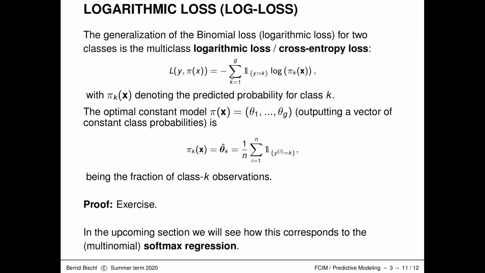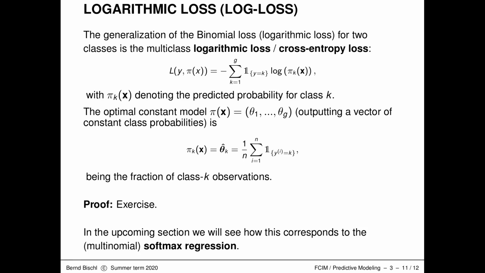And we have to negate all of these terms. And we can again demonstrate the optimal constant under this multi-class log loss. Again, this is the fraction of observed class labels. Again, the proof is super simple and left as an exercise for the reader.